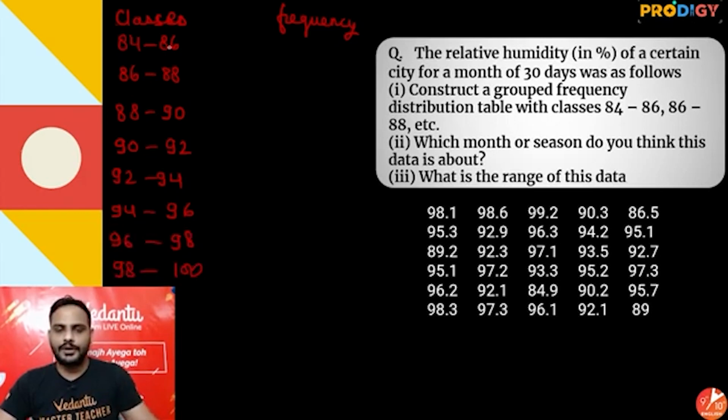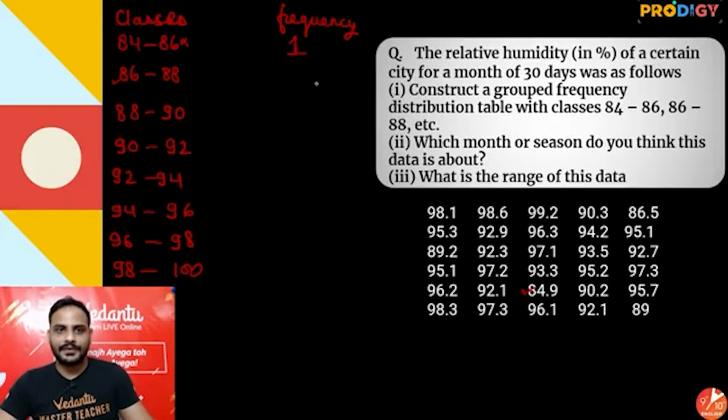Remember, when I write 84 to 86 and 86 to 88, 86 will not be counted over here. 86 will be counted in the second group. है ना? Upper class limit is not included. अब बस देख लो, how many are between 84 to 86? 86 not included. So I can say there is 84.9 and only one.